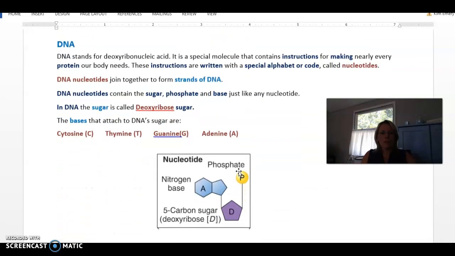So DNA stands, as I said, for deoxyribonucleic acid. DNA contains instructions for making nearly every protein that our body needs. The instructions are contained within the specific sequence of nucleotides in the DNA.